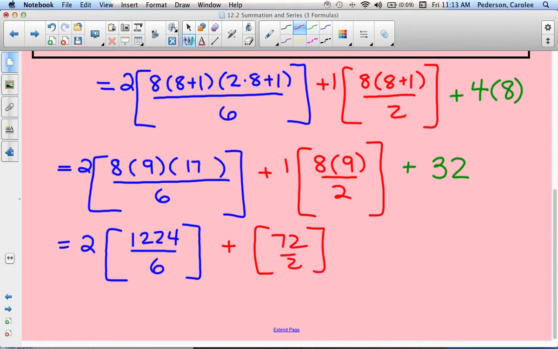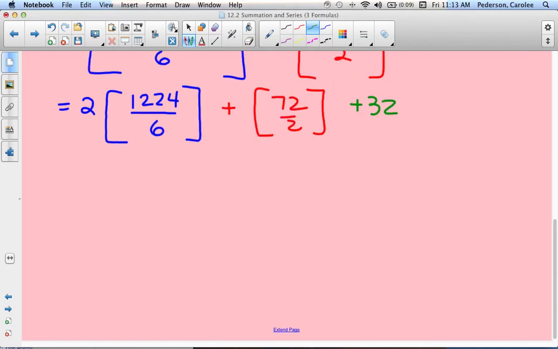I'm just going to drop the 1 now. And then again, the last part is 32. All right, so now in the blue, 1,224 divided by 6 is 204, times it by 2, and we get 408. 72 divided by 2 is 36, and then plus 32.